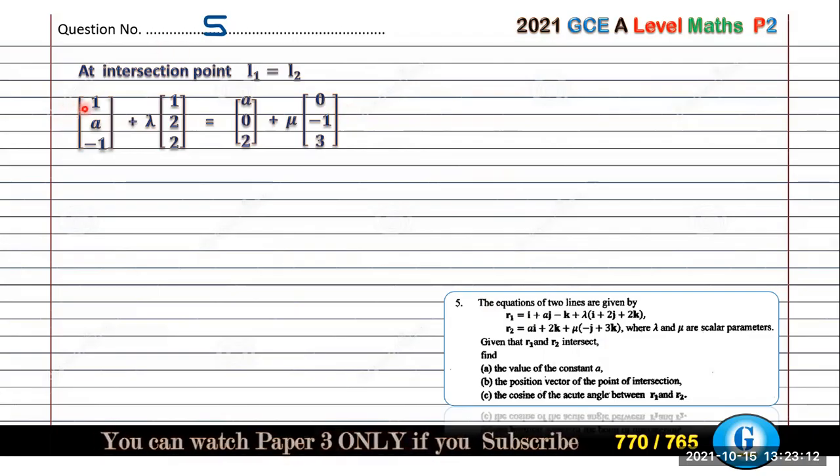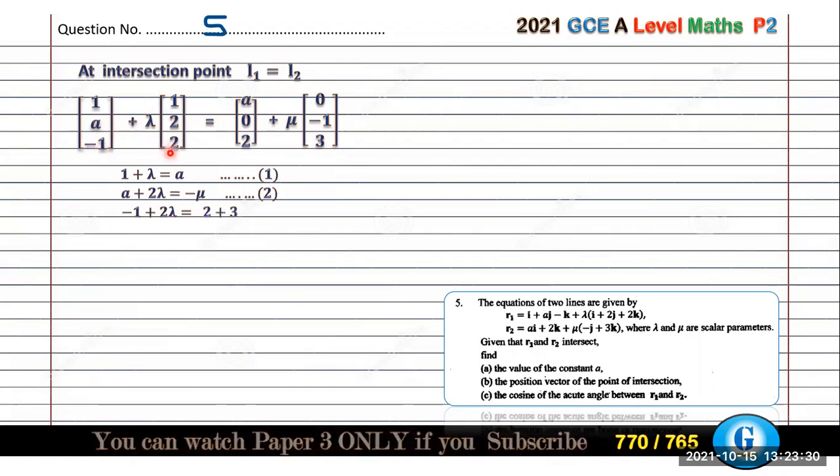For the I component, 1 plus lambda is equal to A, equation 1. For the j component, A plus 2 lambda is equal to minus mu, equation 2. For the k component, minus 1 plus 2 lambda is equal to 2 plus 3 mu, equation 3.